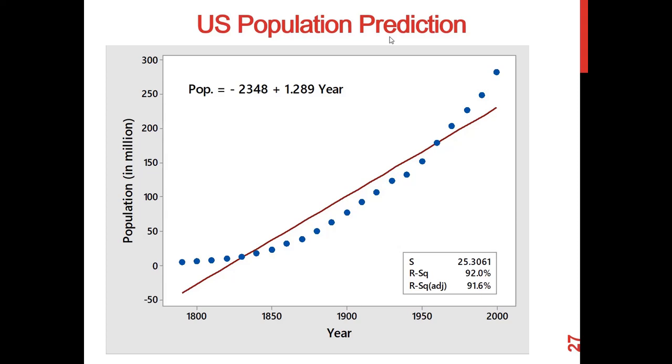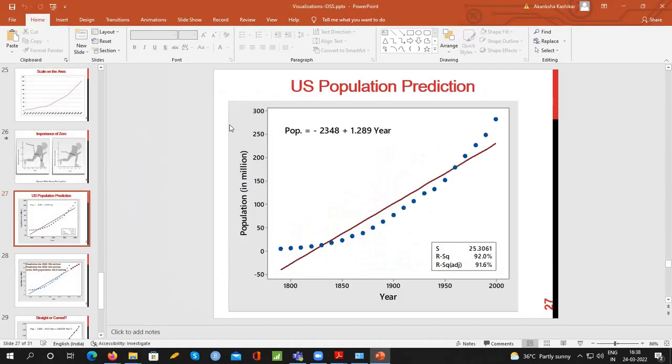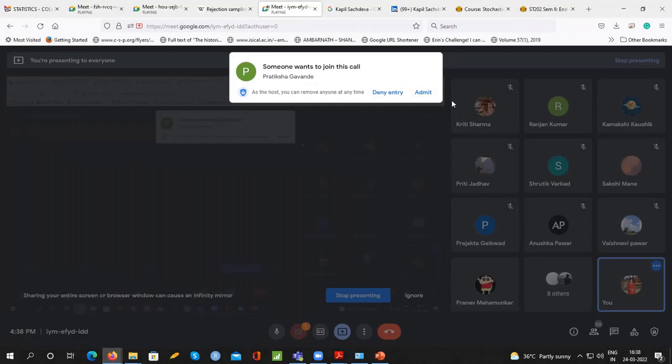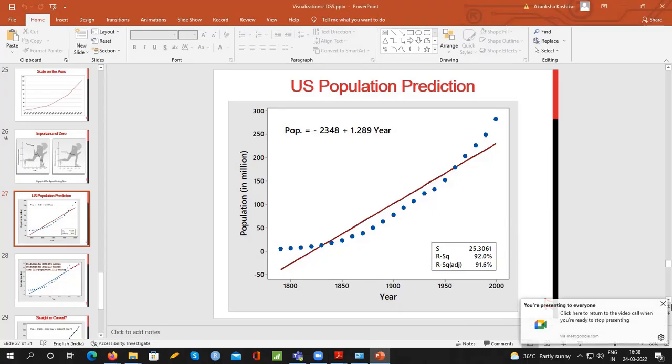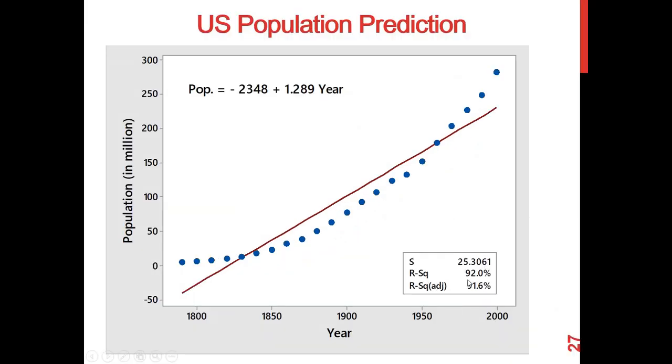Now you might feel at first look that this fit is good because we are going to learn later that this R square actually indicates whether the fit is good or bad, and 100% is of course the best. So R square of 92%, and you can see that these points are pretty close to the red line. So it seems that the model is working.